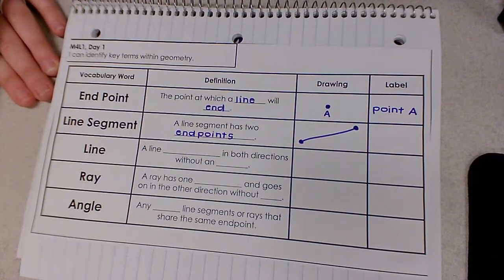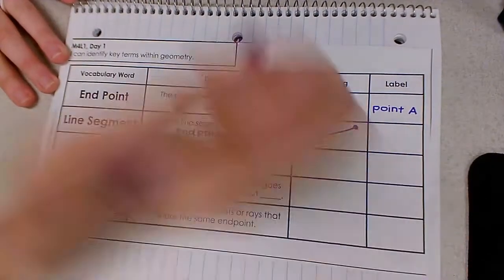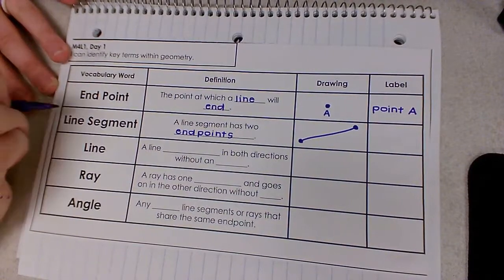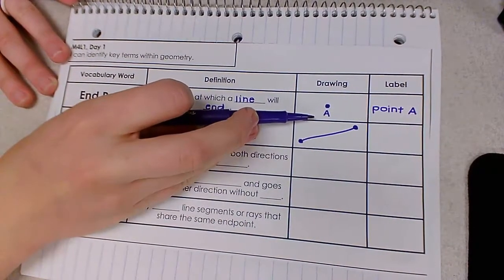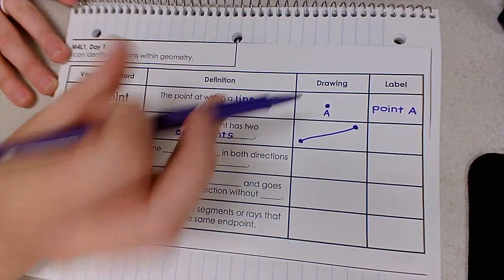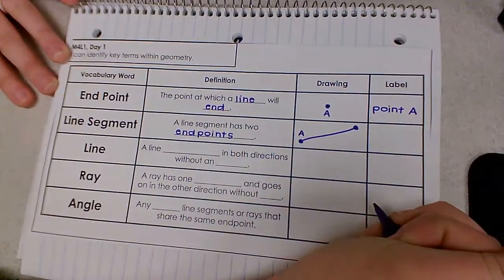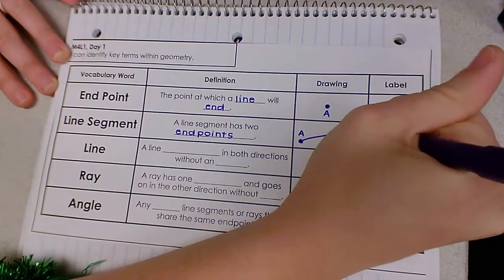A line segment can run up and down, side to side, diagonal, as long as it ends on both sides with two endpoints. Remember that endpoints are labeled. That way we can tell the difference. So let's call this endpoint A, and we'll call this point B.